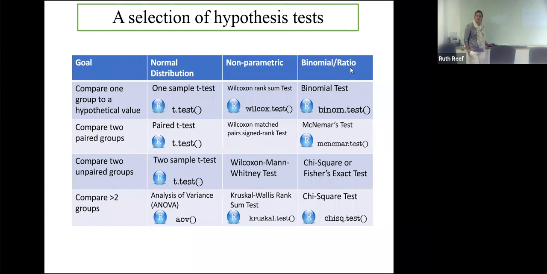So for example, if we have ratios of binomial data, yes, no, then we use other tests. Okay, we're going to get to those later. So we're still dealing with tests that fit normally distributed continuous data. And now we'll talk a little bit about the analysis of variance.